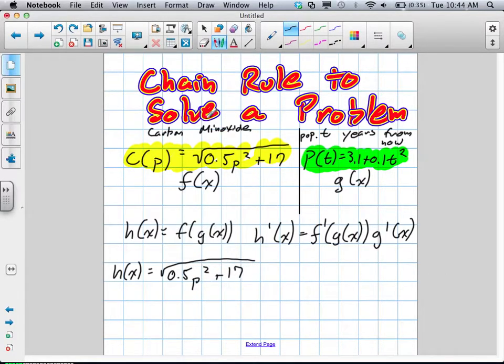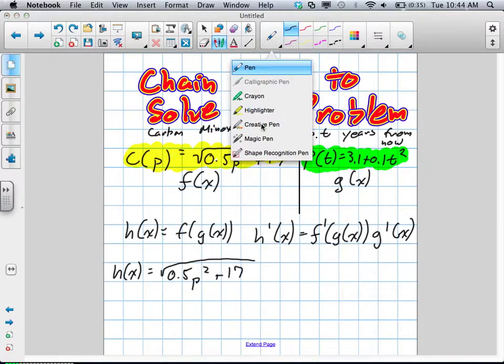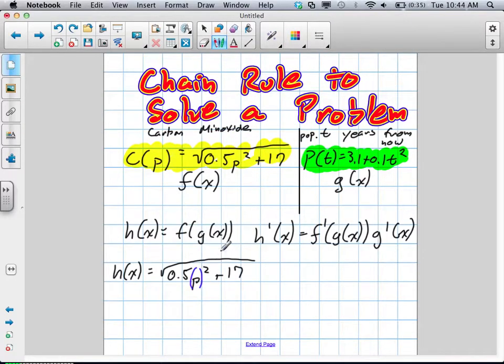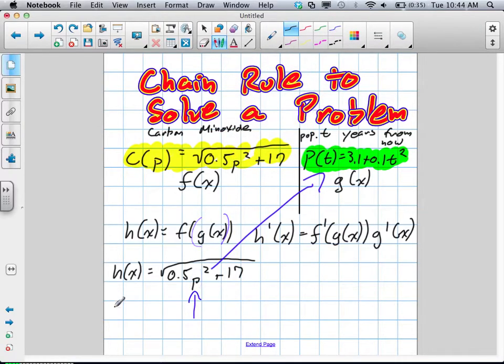The reason our h of x is essentially just this function is because the p is the g of x inside the function, and the p has a whole other equation with it. So when we go to find h prime of x, we're deriving this function here. Now, we know this is a root, so it's technically to the power of a half.